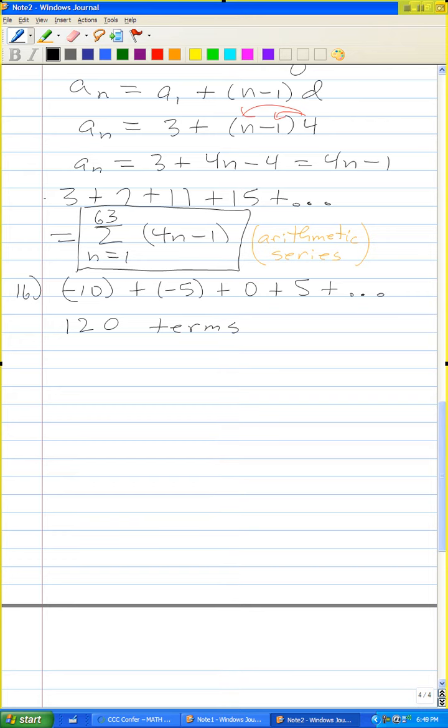Okay, so let's do this. If I notice, again, I seem to be adding the same amount. So this is an arithmetic series.